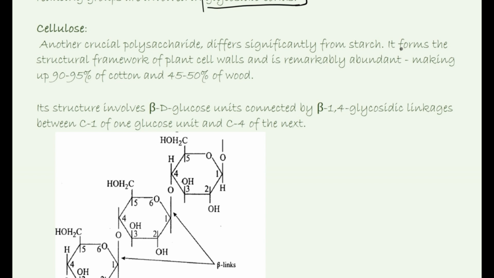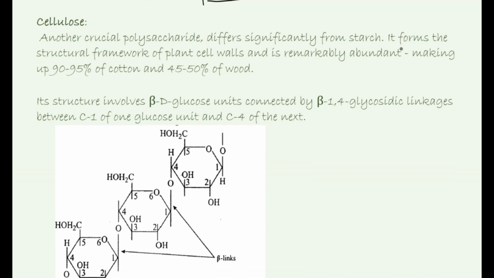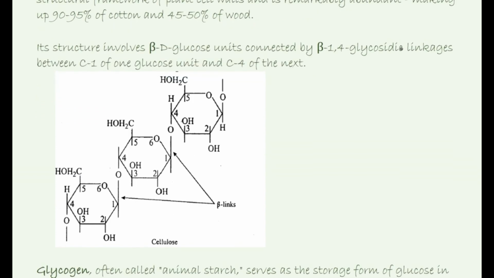It makes up 90 to 95% of cotton and 45 to 50% of wood. The structure involves beta-D-glucose units connected by beta 1,4 glycosidic linkages.